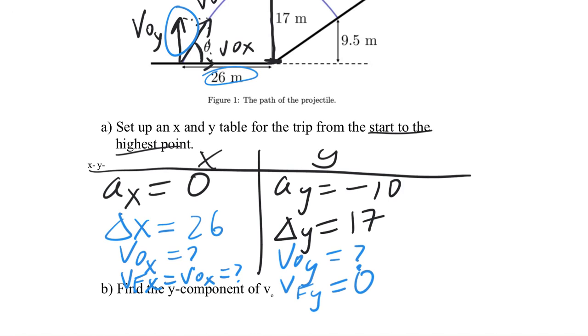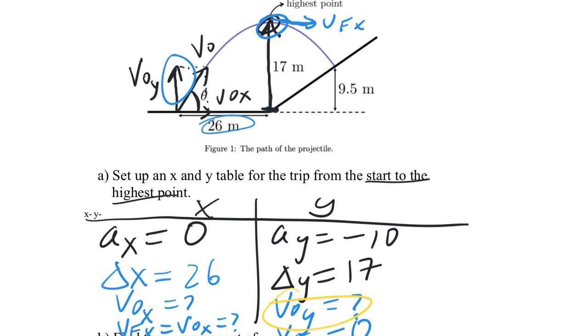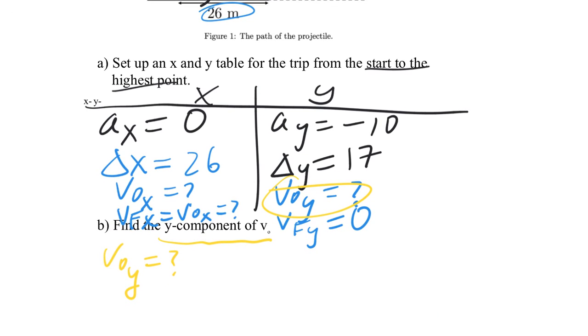Okay, let's now find the Y component of VO, so VOY. To do that, I'm going to need to use the Y part of this table.